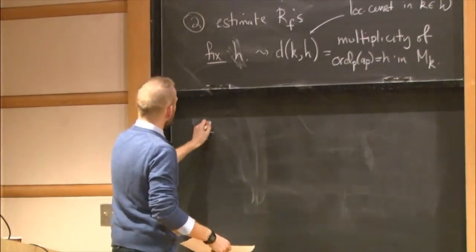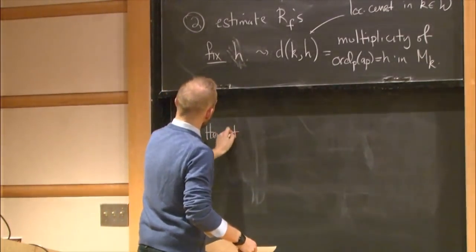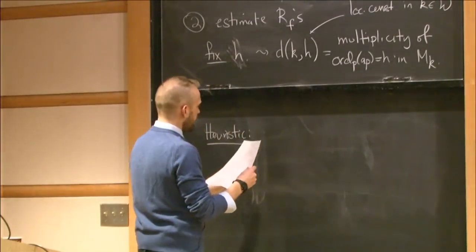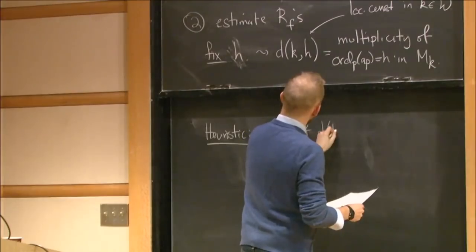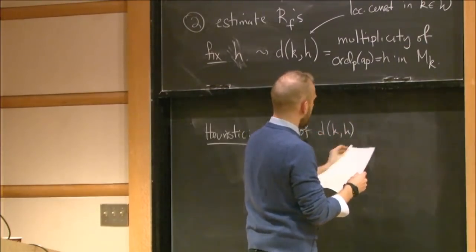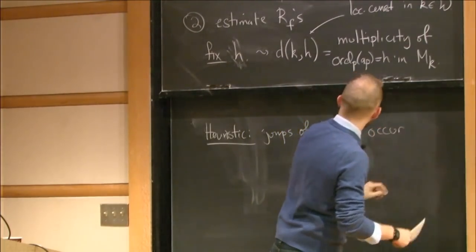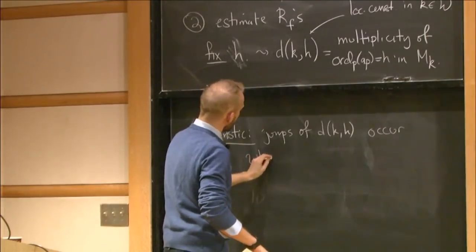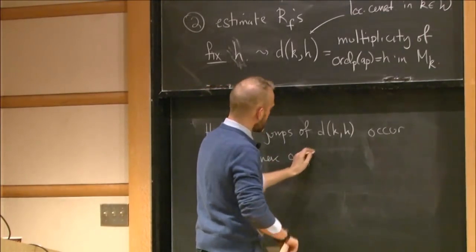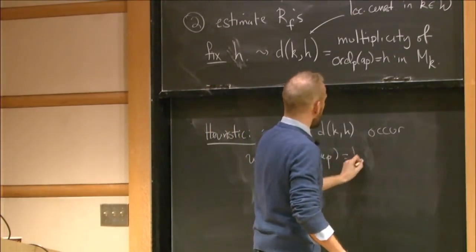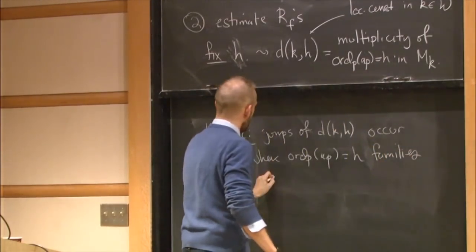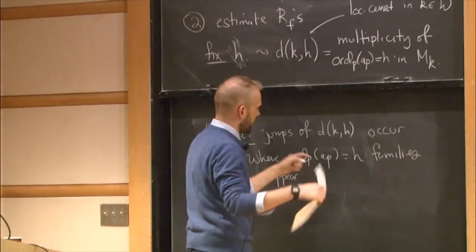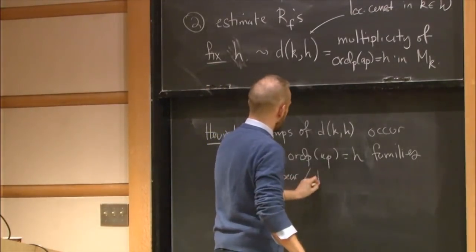The heuristic is that the jumps of d_{k,h} occur where ord_p(a_p) = h families appear or disappear. I mean, depending on whether you're thinking of moving in or moving out of the disk.